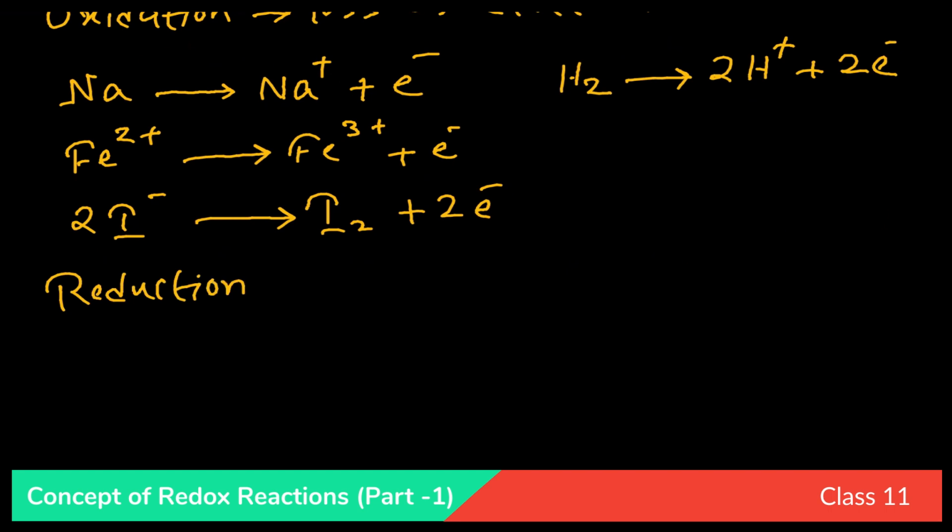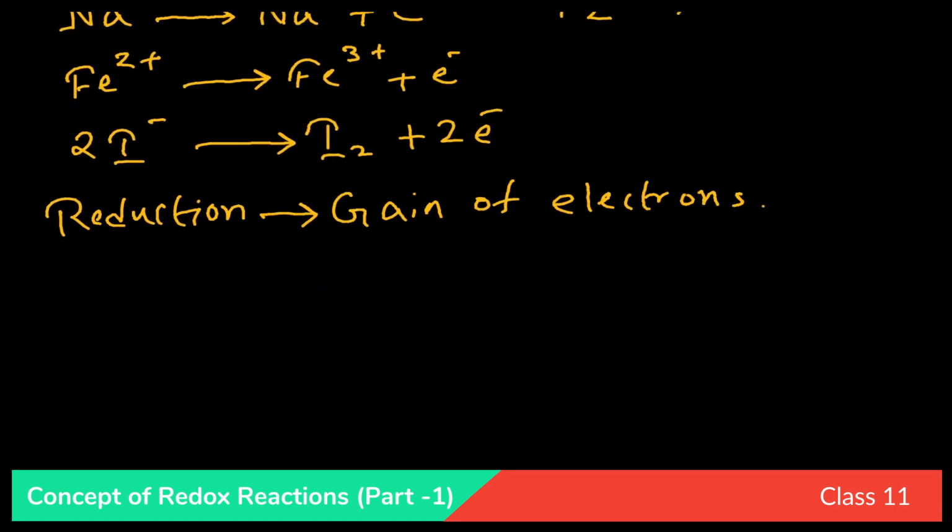Next, we will discuss reduction. Reduction is just the opposite of oxidation. Reduction means gain of electrons. Now again, this gain of electrons can be by an atom, a molecule, or a cation. So let's take an example. Suppose I consider a chlorine atom. When it accepts one electron, it will form Cl minus ion, that is an anion.